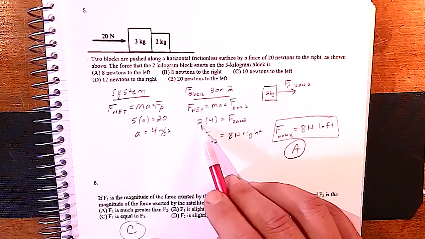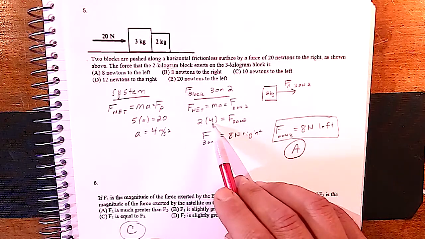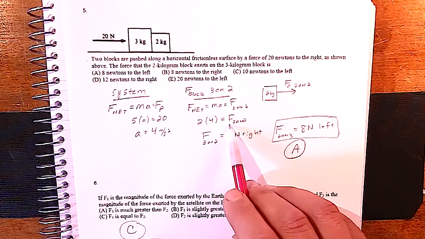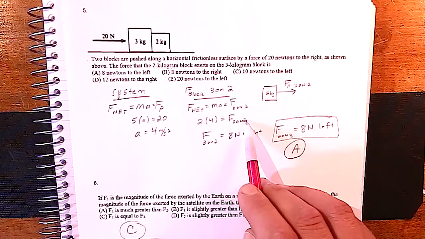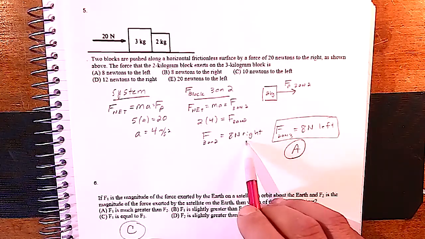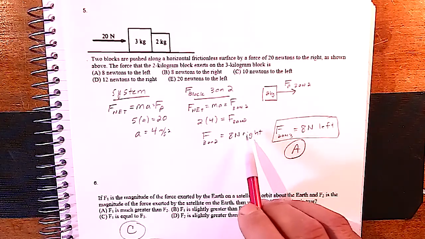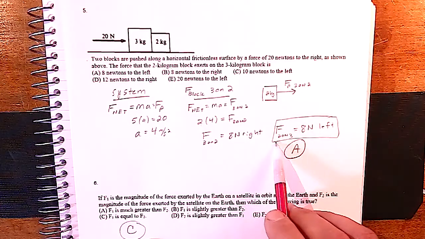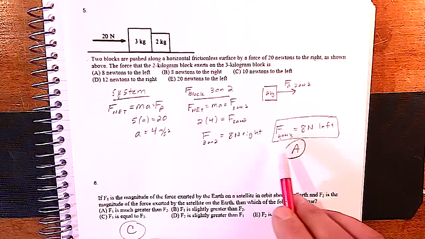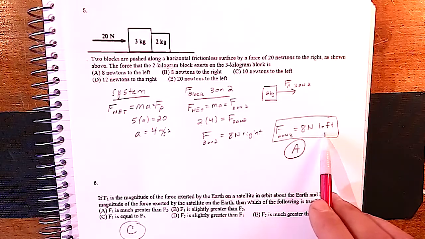So that's going to give us a mass of 2 and an acceleration of 4, and that's going to give us the force of 3 on 2, which is 8 newtons to the right. But the question was, what's the force of 2 on 3? So that's not going to be 8 newtons to the right, it's going to be 8 newtons to the left.